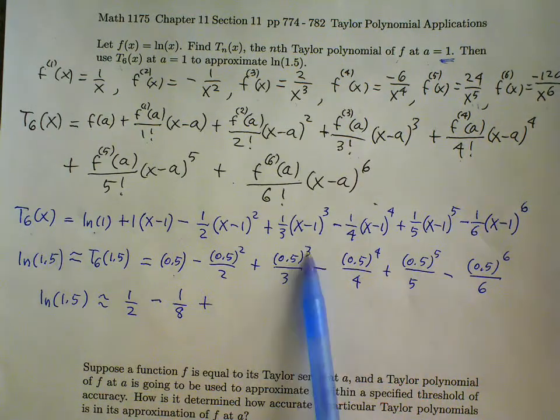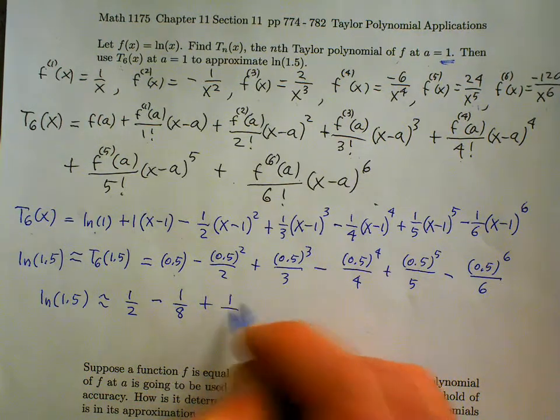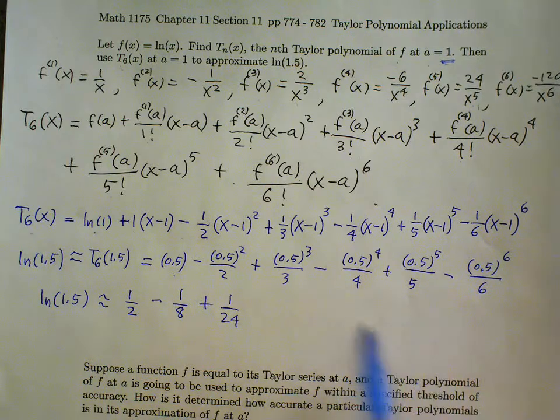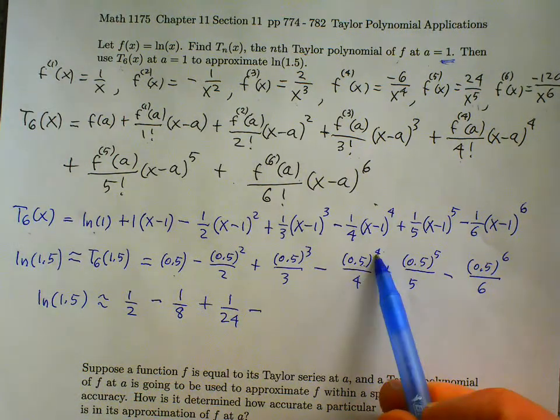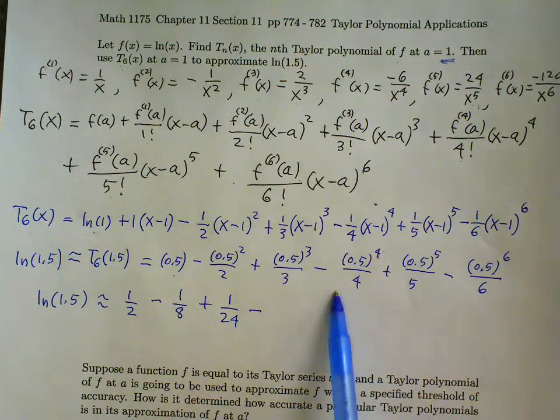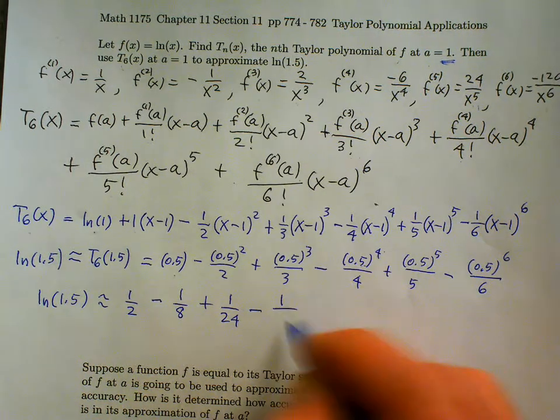And 1/2 to the third is 1/8. 1/8 times 1/3 is 1/24, so this is plus 1/24. 1/2 to the fourth is 1/16, and 1/4 times 1/16 is 1/64, so we have minus 1 over 64.